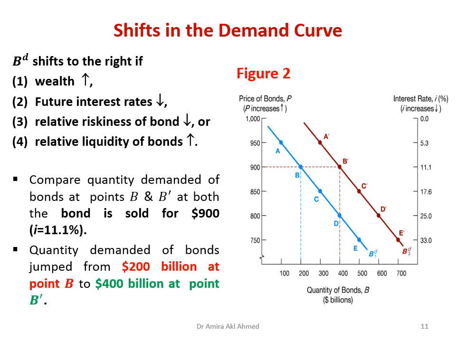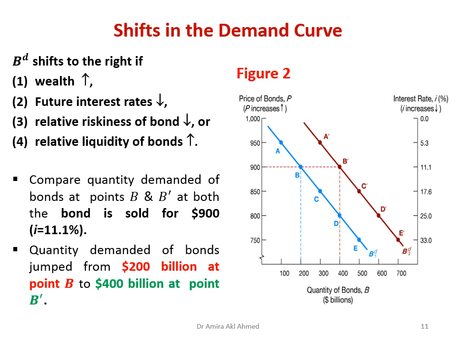At each price and interest rate, a larger quantity of bonds is demanded. For example, at point B, before the shift in the demand curve, the interest rate is 11.1% and the bond is sold for a price of $900. At this point B, the quantity demanded of bonds is $200 billion.